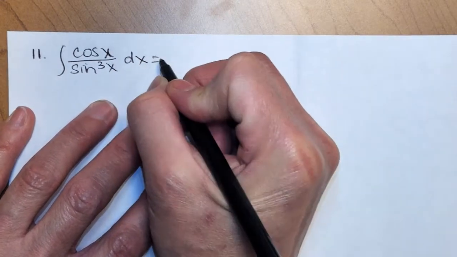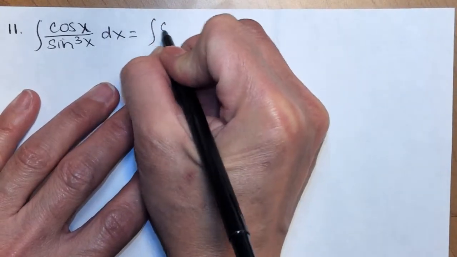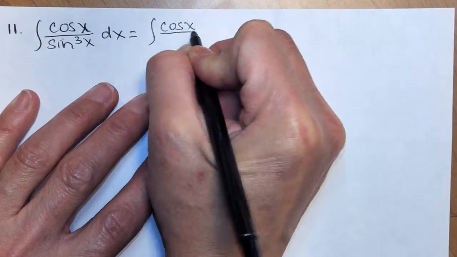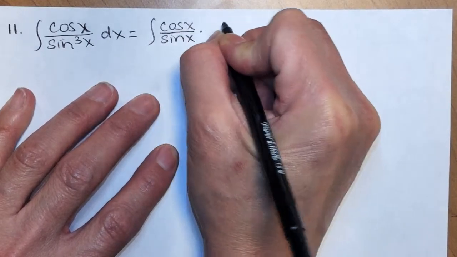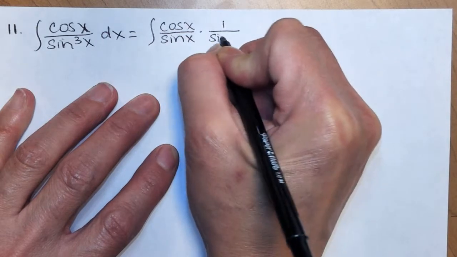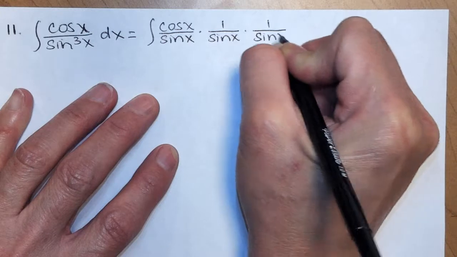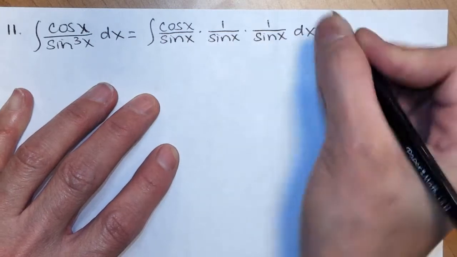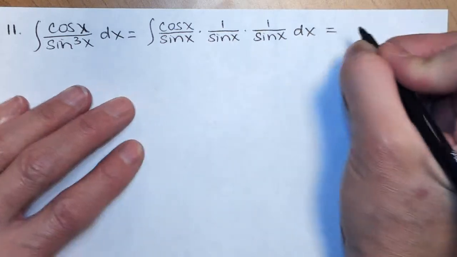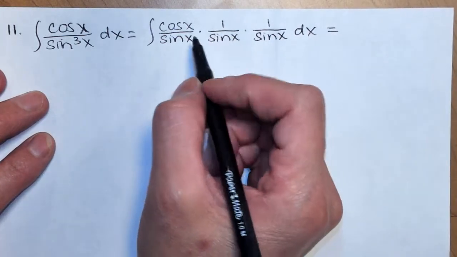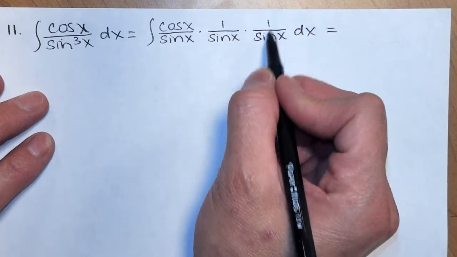But the things that pop into my head are, I can write this like this, separate it, okay, so that's sine cubed. Why would that be useful? Well, this is cotangent, cosecant, and cosecant.